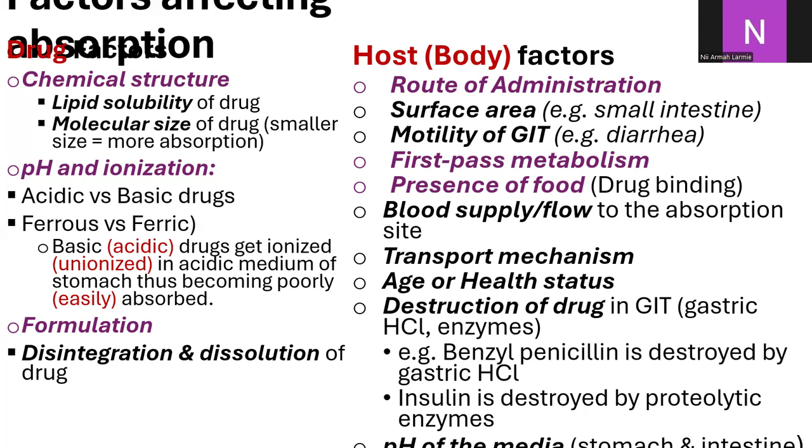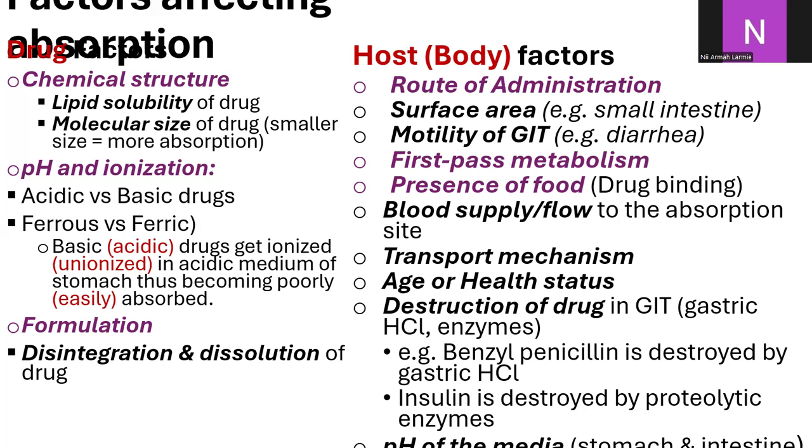The same way, if the drug is basic and it enters the stomach acid, it is going to be neutralized. So we want to know the acidity or basicity of the drug so that we can modify it as such. We also want to check if our drug is ionized or not, simply because we know that the environment in the GI tract can affect the ion charge on your agent.